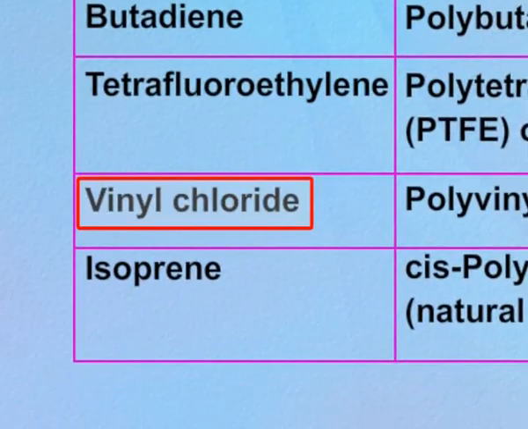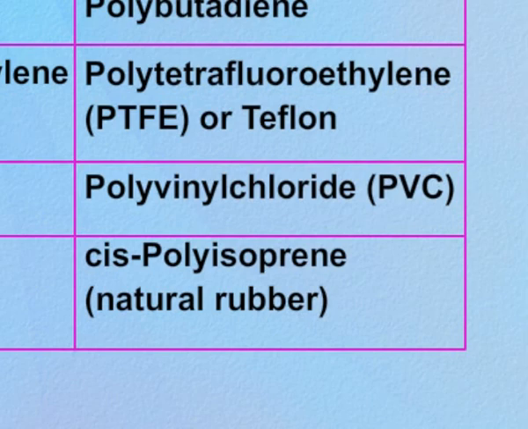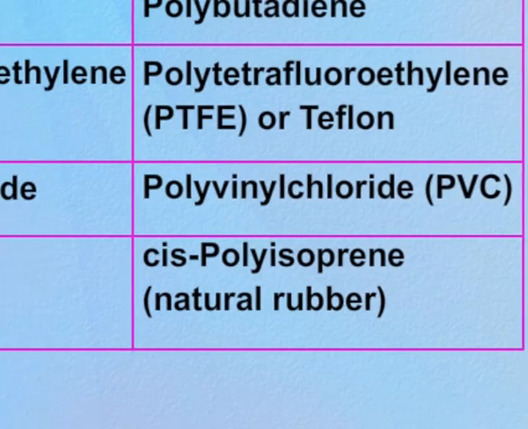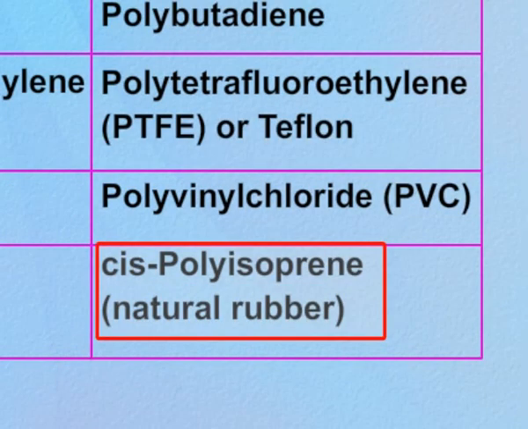The third case shows vinyl chloride as monomer and polyvinyl chloride, also known as PVC, as polymer. Lastly, we take the case of monomer isoprene, whose polymer formed is polyisoprene, which is also known as natural rubber.